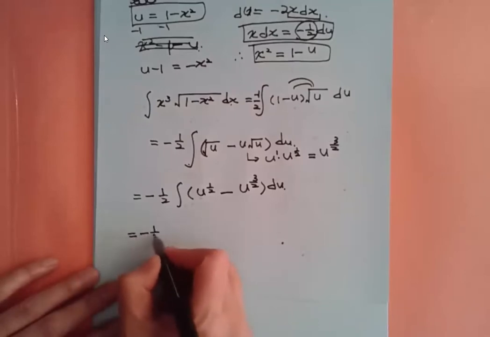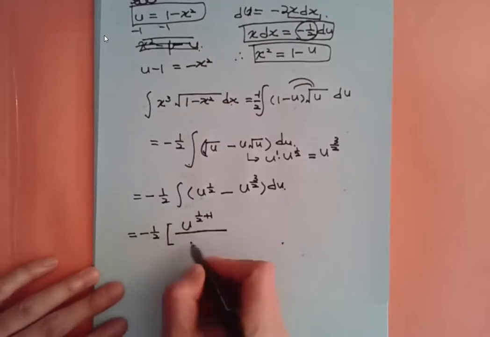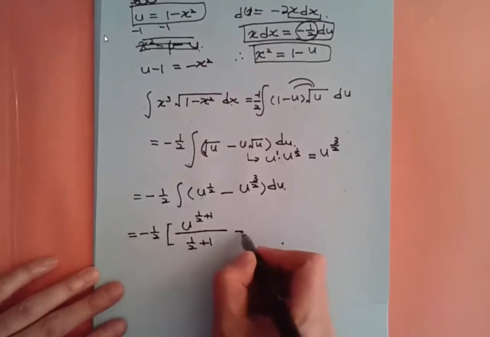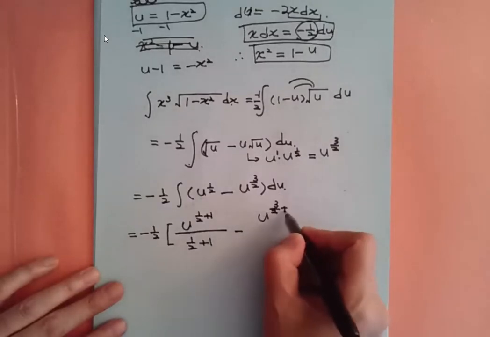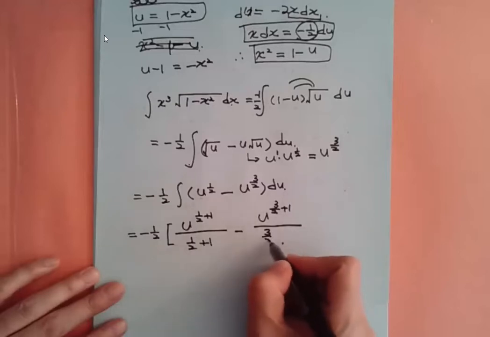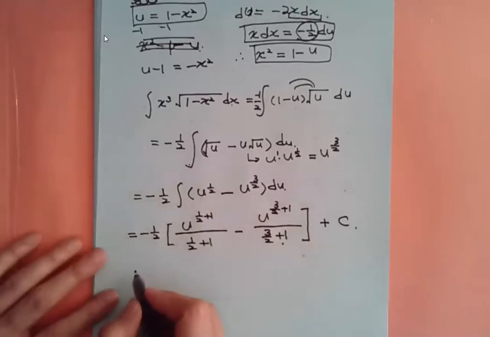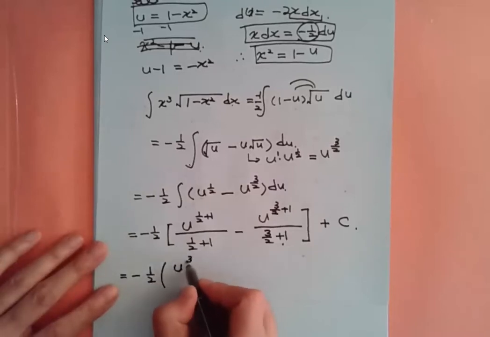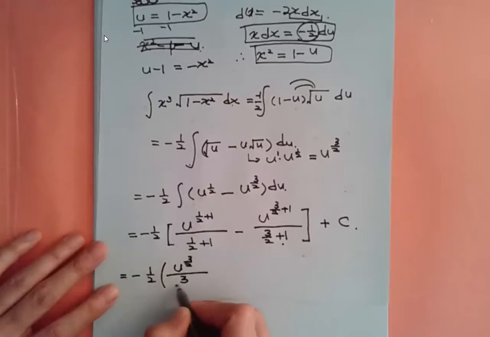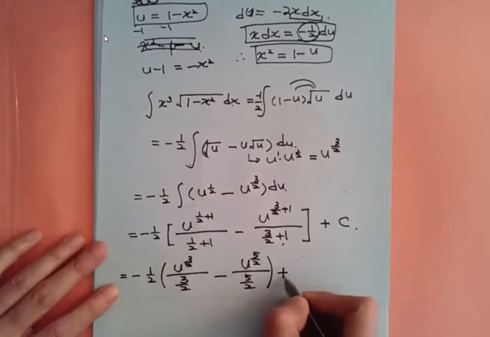Then that is -1/2 times u to the 1/2 plus 1 over 1/2 plus 1. We are just following the formula: u to the 3/2 plus 1 over 3/2 plus 1 plus c. And that is -1/2 times u to the 3/2 over 3/2 minus u to the 5/2 over 5/2 plus c.